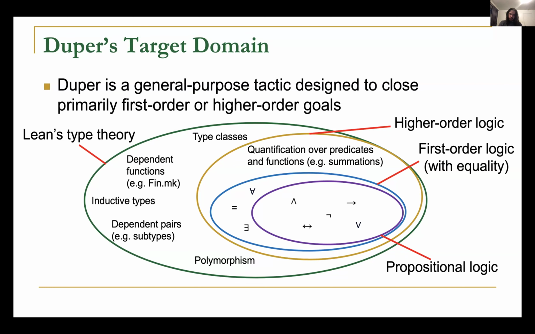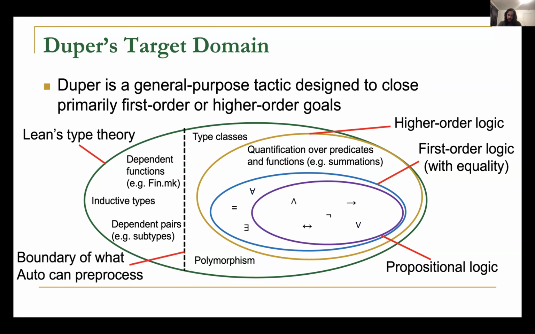Although this domain of higher order logic describes the set of things that Duper can natively reason about, there are a couple more features Duper can support with some external assistance. In the previous talk, Yicheng was describing Lean Auto, a library that can transform some of Lean's features into first or higher order logic. Specifically, for our use case, by hooking Duper up to Lean Auto's preprocessing and monomorphization procedures, we're able to support problems with polymorphism and Mathlib style type classes by first transforming them into essentially first order or higher order problems.